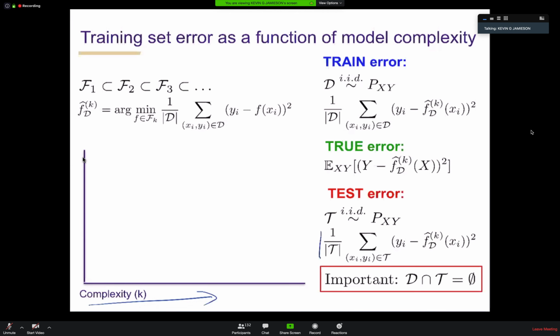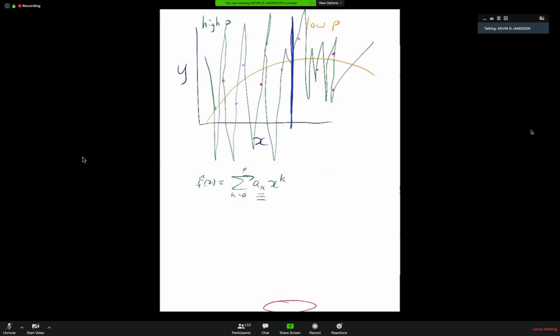But now, if we think about this picture again, how do you think the test error behaves? If we get some other IID samples, how do you expect that test error to behave? Do you expect you're going to fit those functions really well as the complexity increases? Probably not. So at least intuitively, a simpler model like this orange model, believe it or not, is probably going to have a smaller test error than the green function, which is way more complex.